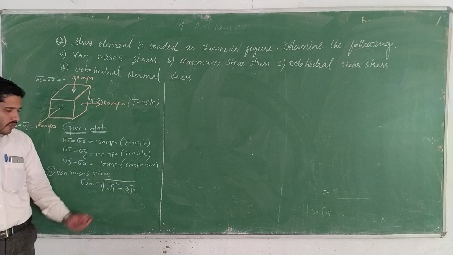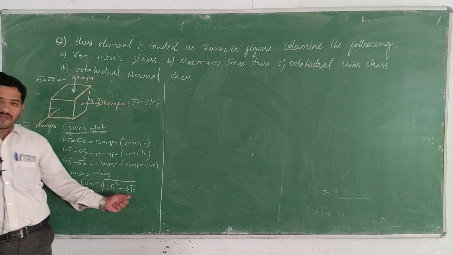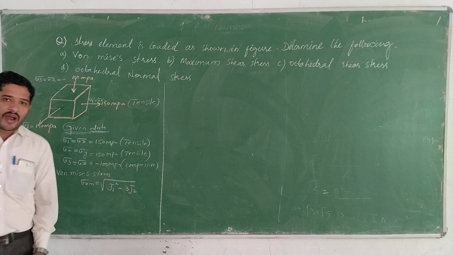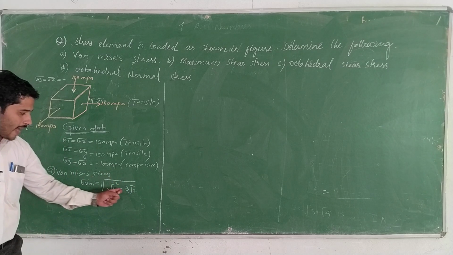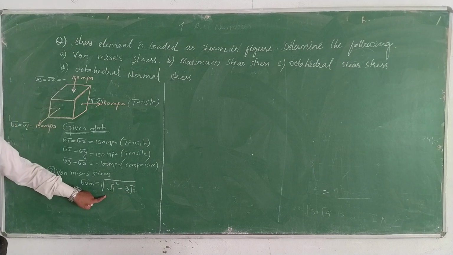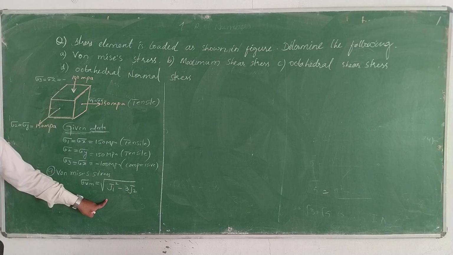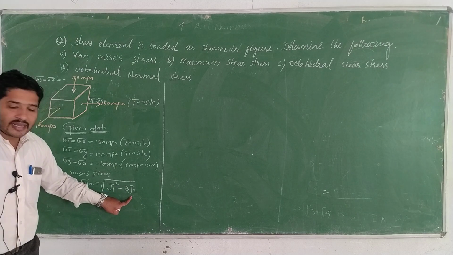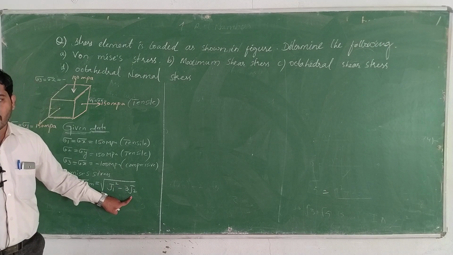Because we don't know the values of J1 and J2, we need to find them. J1 is the linear stress invariant, and J2 is the quadratic stress invariant.